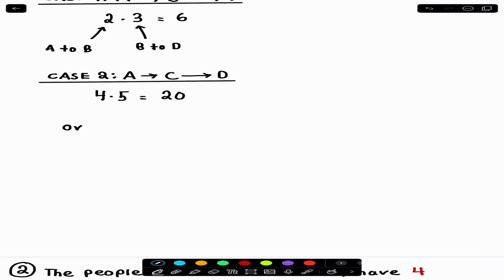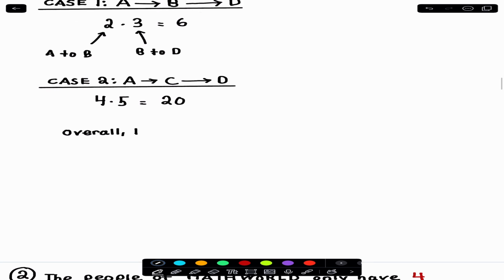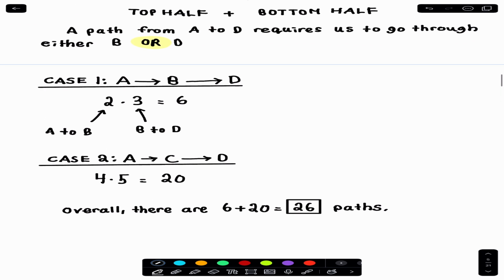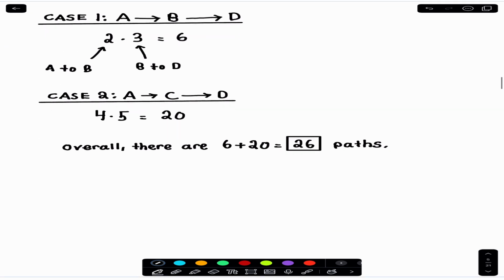This means overall, we have 6 plus 20 paths. So that's 26 paths from A to D. Notice that the guide says to add these 2 numbers up, 6 and 20.